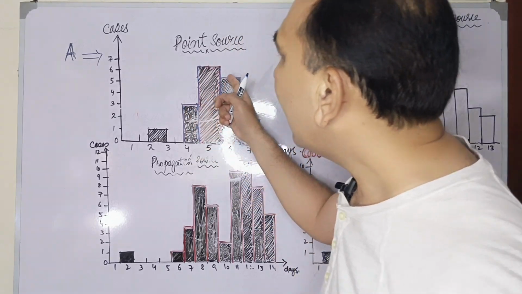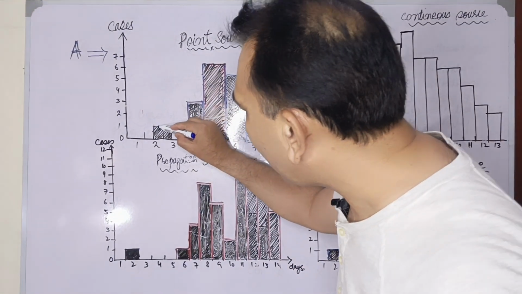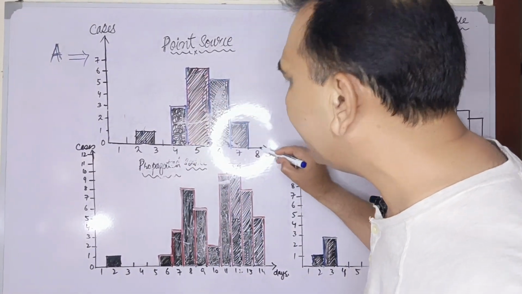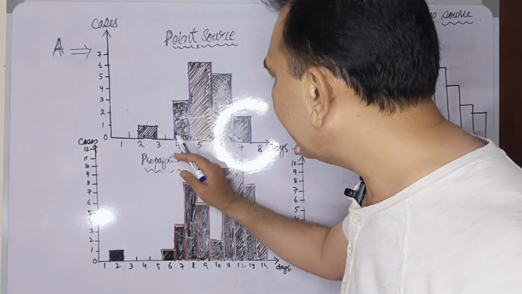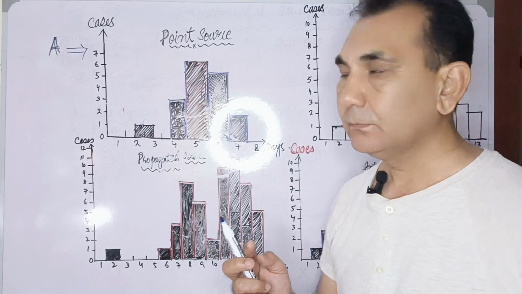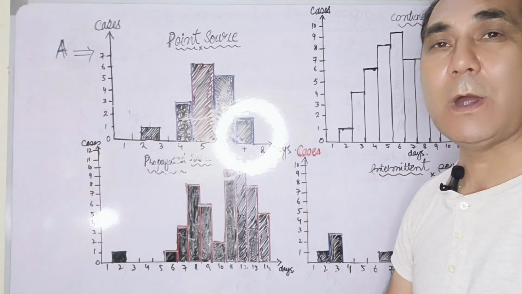Now this is the first point where the outbreak happens, and it continuously increases and then decreases after the end of one incubation period. So this is called the point source.